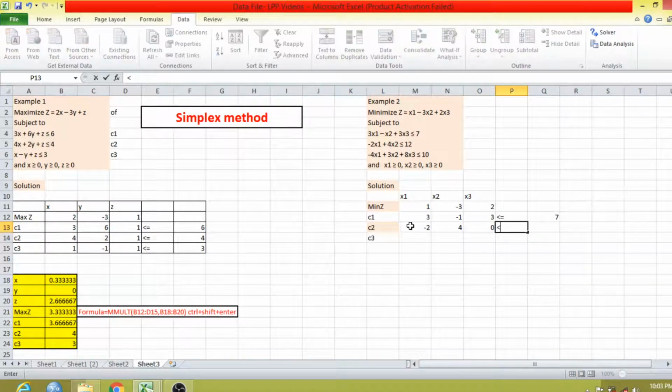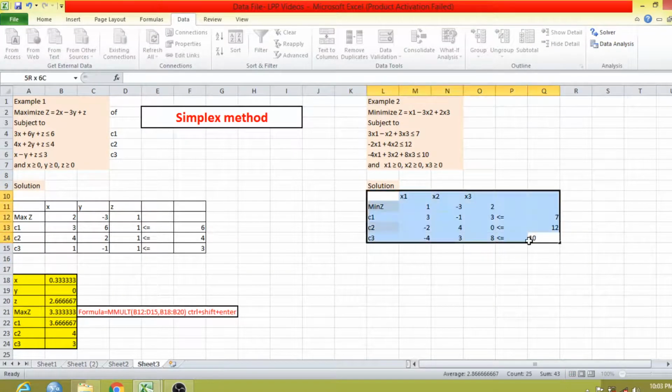Then sign is again similar, value is 12. Then it is -4, 3, 8 is equal to 10. So this is our matrix we are using here.